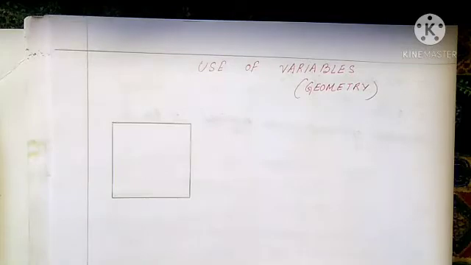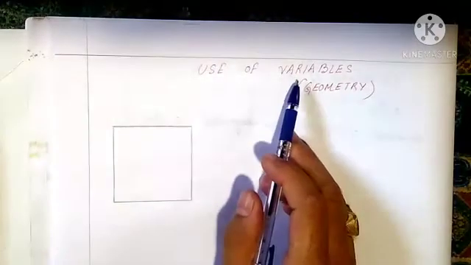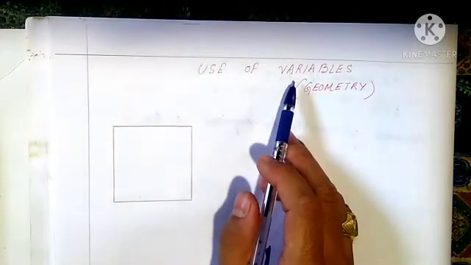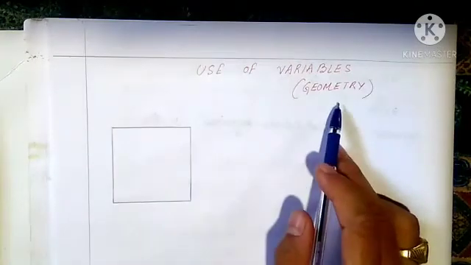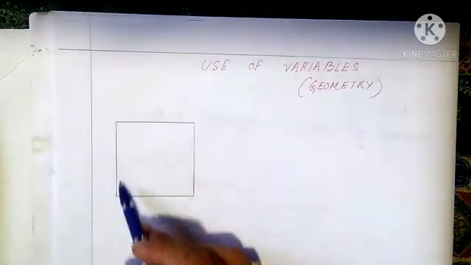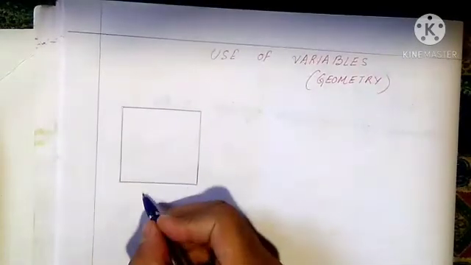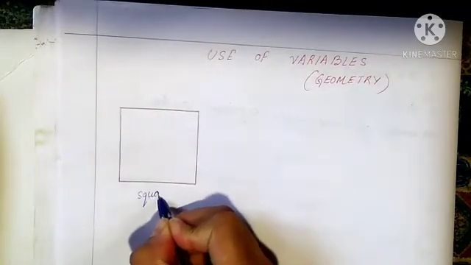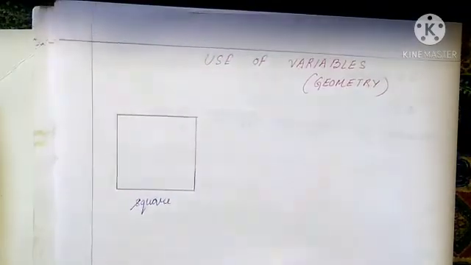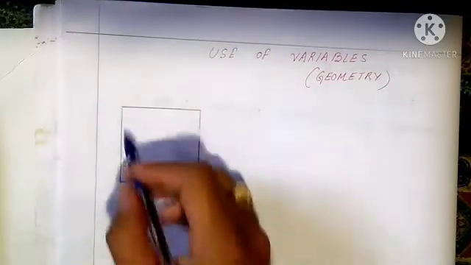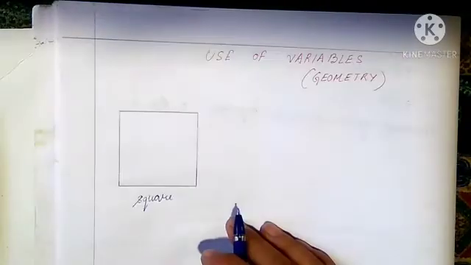So students, let us try to learn the use of variables. First, let us apply them to rules from geometry. Here we have a figure, and we all know that it is a square. The given figure is a square. In a square, all the lengths of the sides are equal.